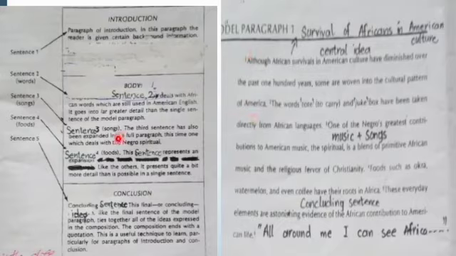In the third sentence, they talked about the songs of Africa, as I have also written music plus songs here. In the fourth sentence, they talk about the foods of Africa. So these three sentences, second, third, and fourth, are the main body, which talks about the main idea, also called the introductory sentence. The last one is the concluding sentence.